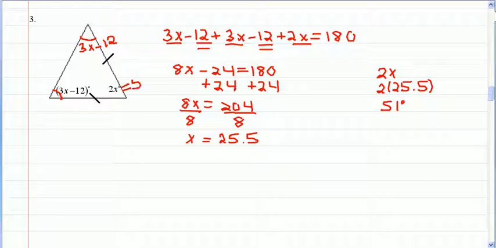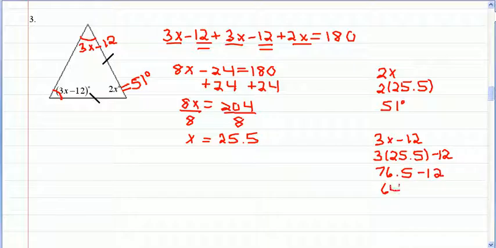So my vertex angle is 51 degrees, and then my base angles are both represented as 3x minus 12, so I take 3 times 25.5 and then subtract 12. 3 times 25.5 is 76.5, and then minus 12 is 64.5. So each of my base angles is 64.5.